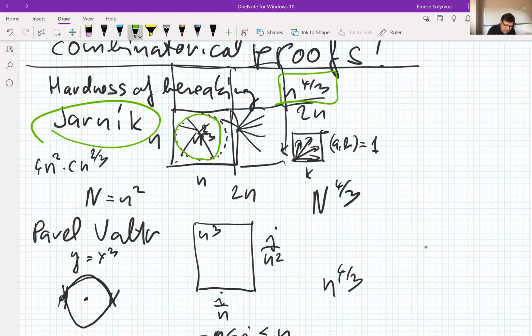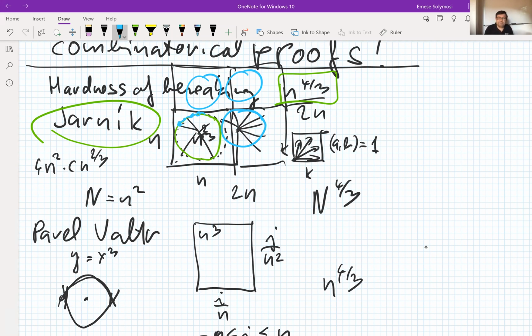Well, you just have this graph where you connect the neighbors as an edge. And one circle here has n to the 2/3 edges. And then you see all the translates of it. So you know that the number of edges in this graph is at least n squared times n to the 2/3.